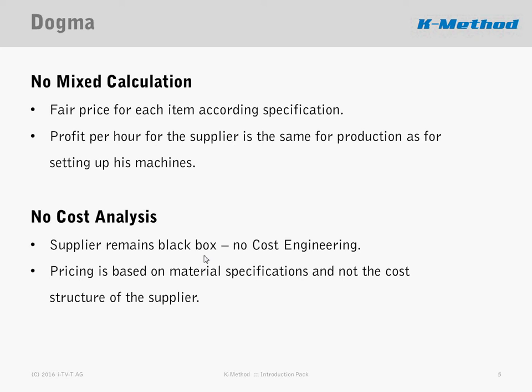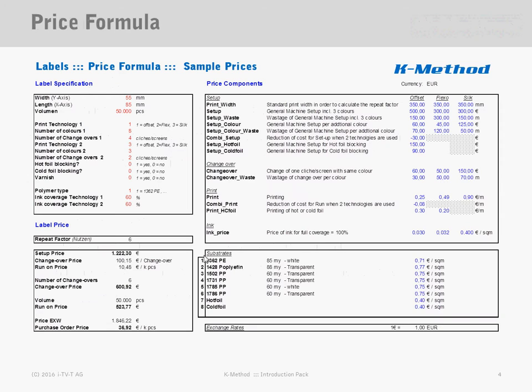So he needs to keep in the back of his head that when he quotes the individual prices for those items, he needs to have in mind his cost and the margin he wants to make for each individual specification.